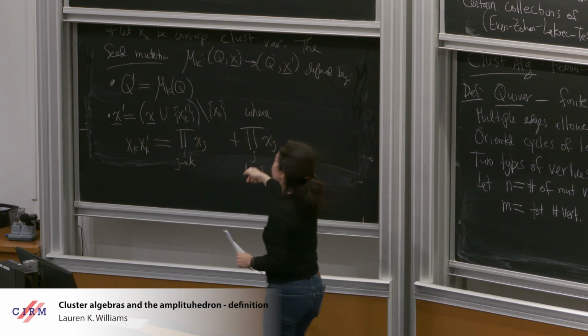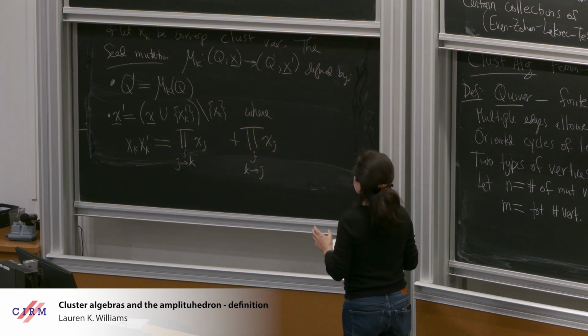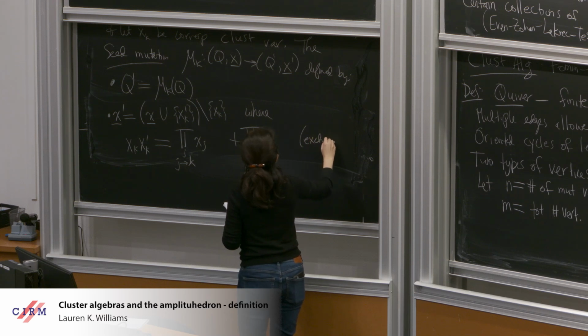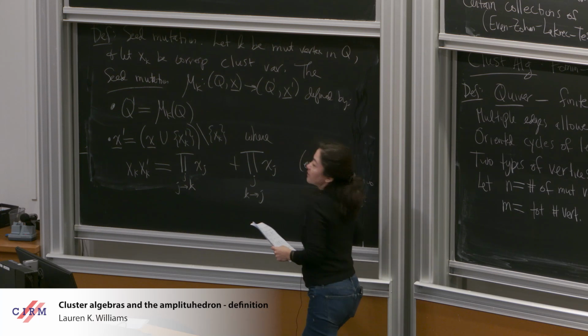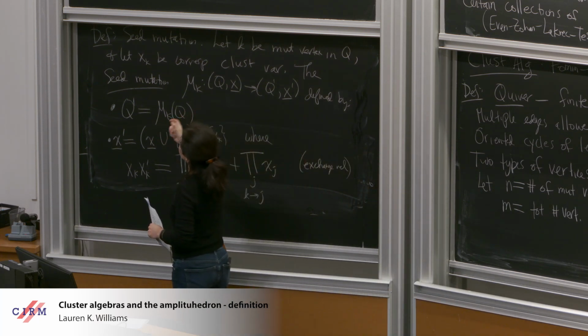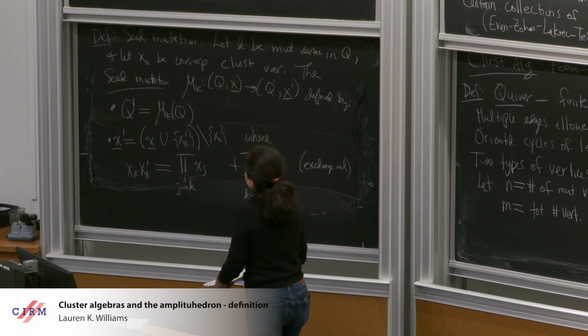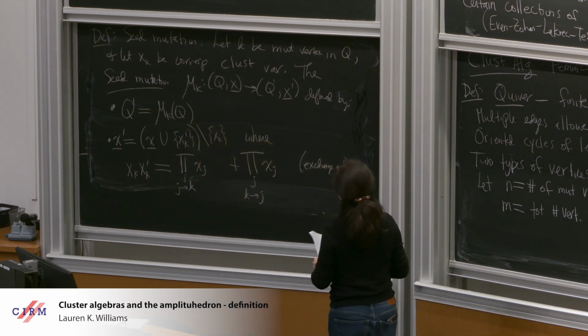And we're just multiplying together the cluster variables on the other side of that edge. Okay, so seed mutation is a new seed where the new quiver is obtained by mutating the old quiver at node k. And our new extended cluster is obtained from the old extended cluster by swapping out xk for xk prime, according to this relation.